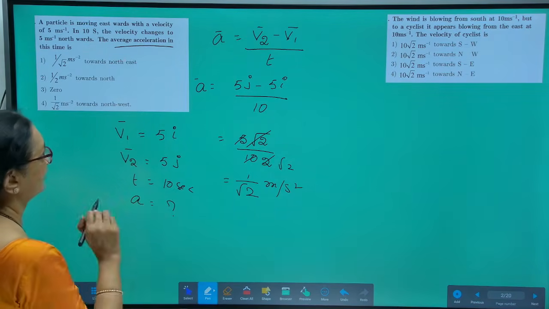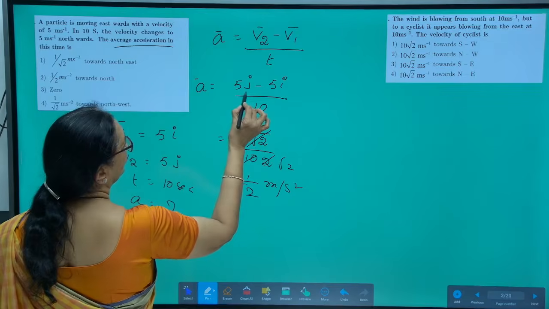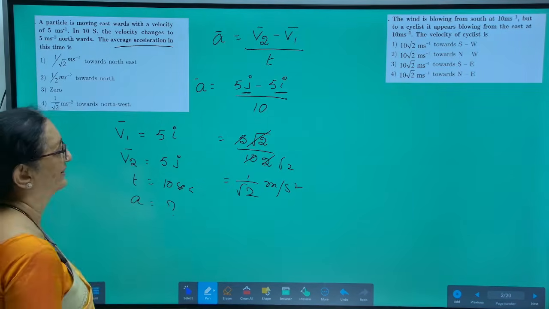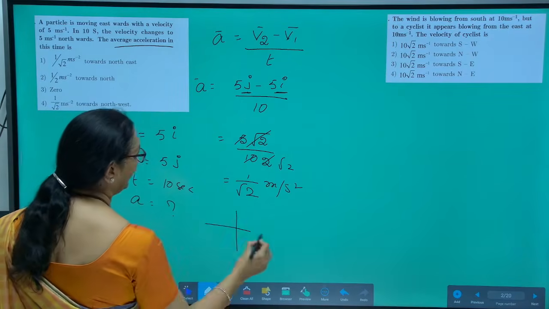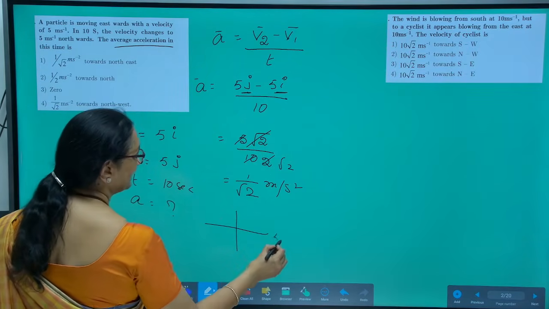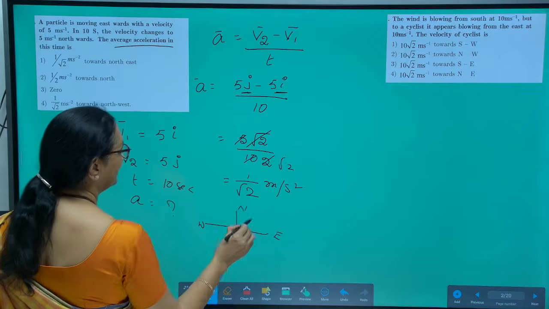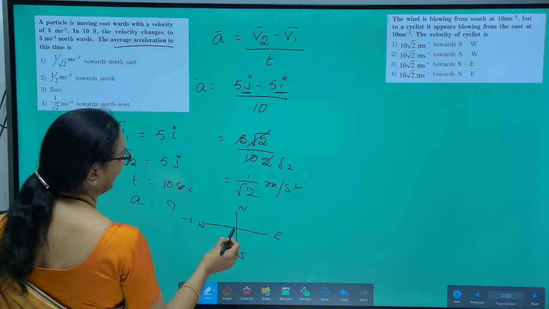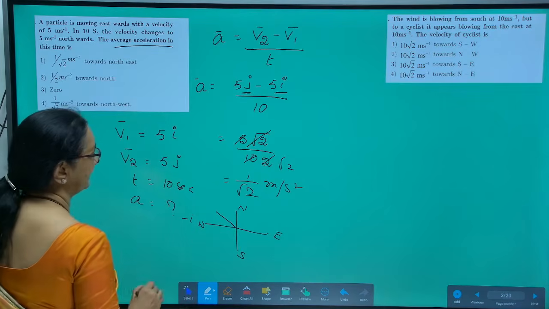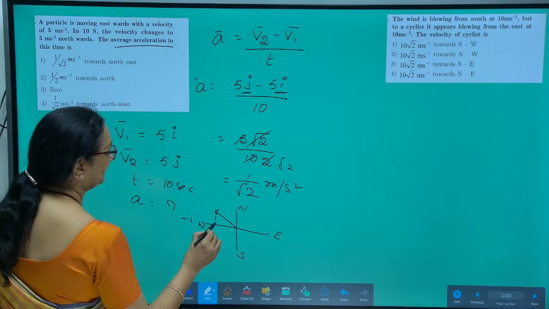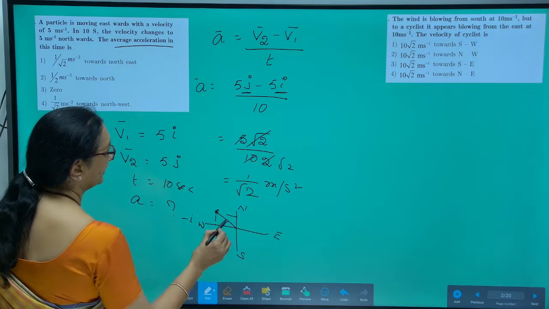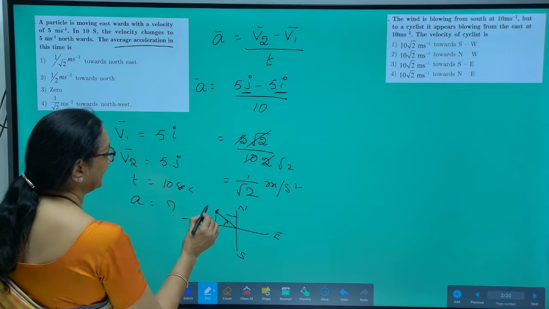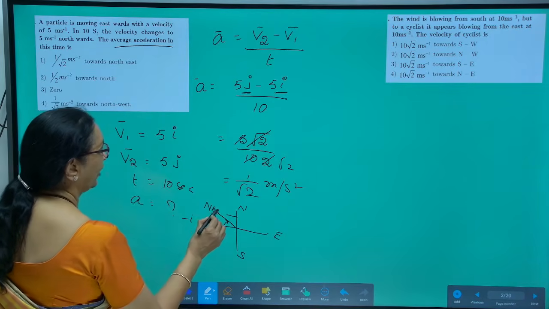Okay, direction. See here, this is north and minus I is west. If you draw that vector, this is east, this is west, this is north, this is south. I is negative and j is positive. It is given this is 5, this is 5, so this angle is 45. Angle 45 means it is exactly between north and west.